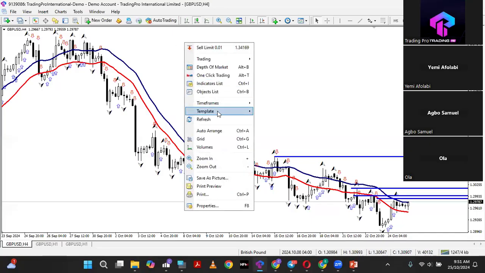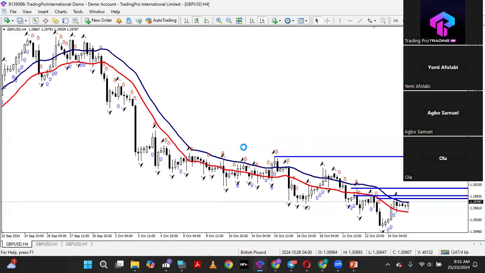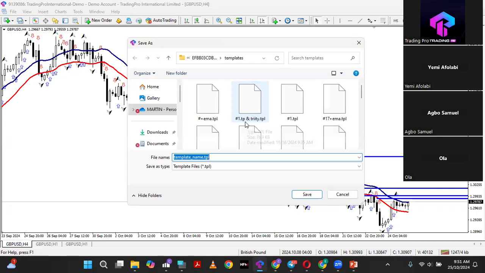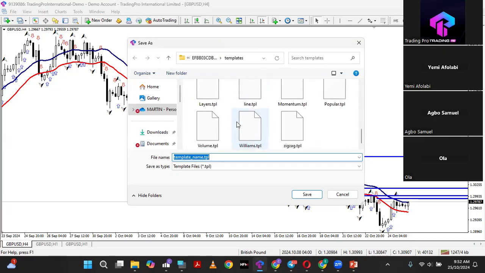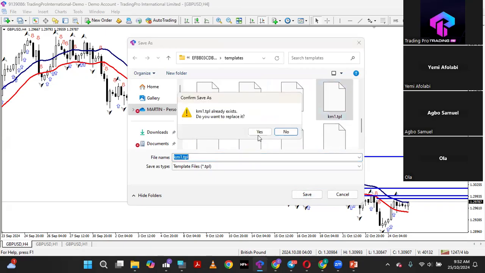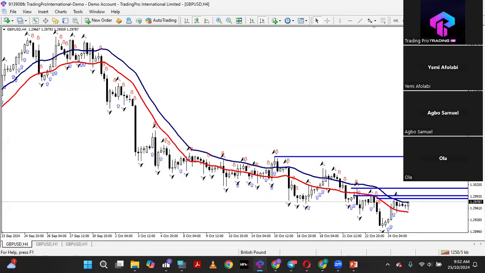So let me save this as a template, so that you can do this on your phone. Even if you're on the move, you easily know what to do. So we save it. So we have the 4 hour.